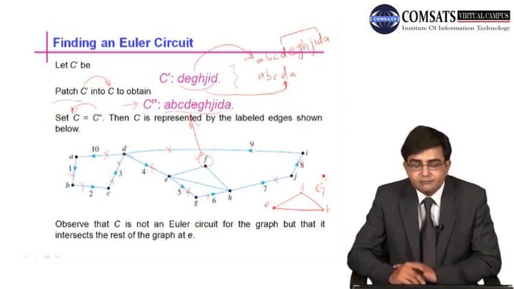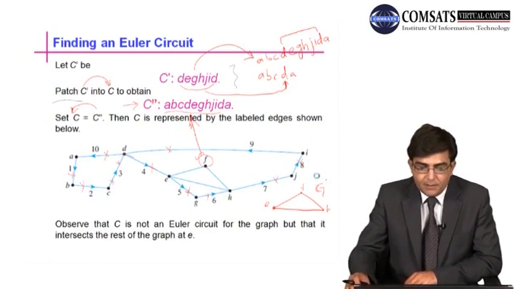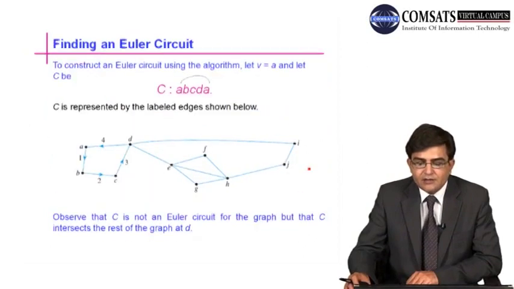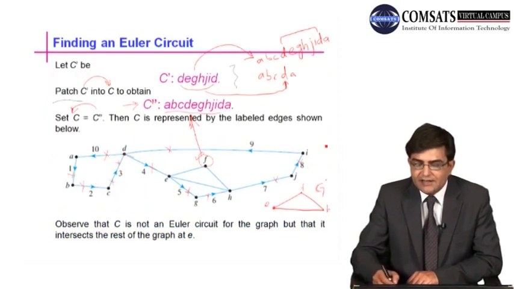Now we repeat step 3A, which is to remove all edges of C from G, and also any vertices that become isolated when the edges of C are removed. Call the resulting subgraph G dash or G double dash. Then we pick any vertex common to both C and G dash. So here we have this graph G dash.